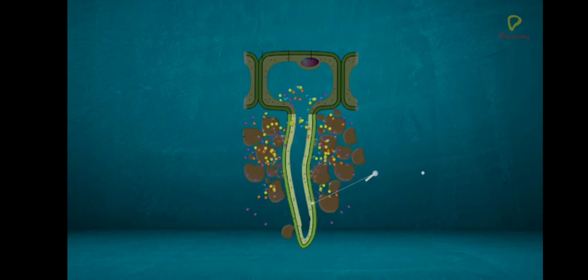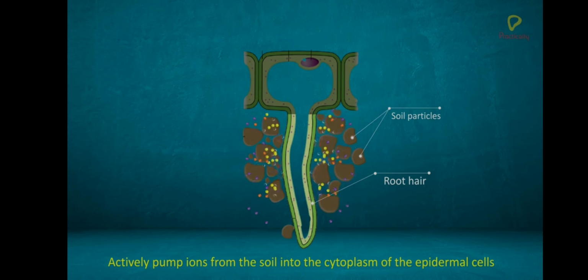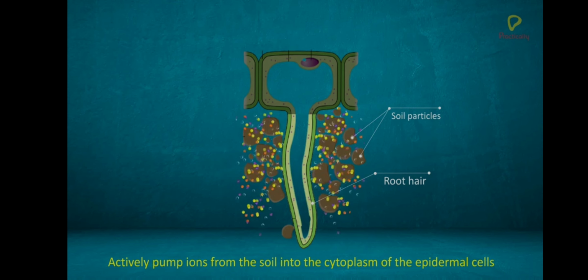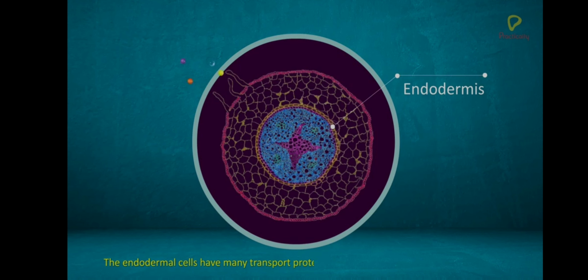Specific proteins in the membranes of root hair cells actively pump ions from the soil into the cytoplasm of the epidermal cells. Like all cells, the endodermal cells have many transport proteins embedded in their plasma membrane. They let some solutes cross the membrane, but not others.